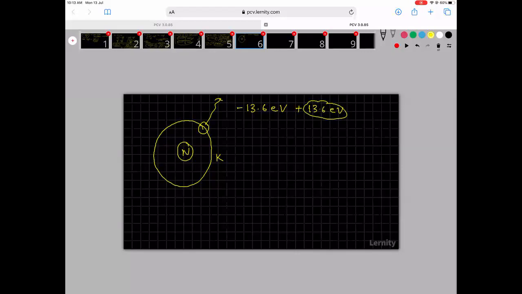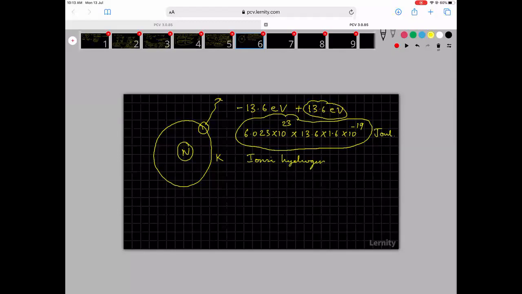If you have 1 mole of atoms, you have 6.023 into 10 power 23 atoms. You have to supply so much energy, into 10 power minus 19 joules each. So many joules of energy has to be supplied if you want to ionize hydrogen.